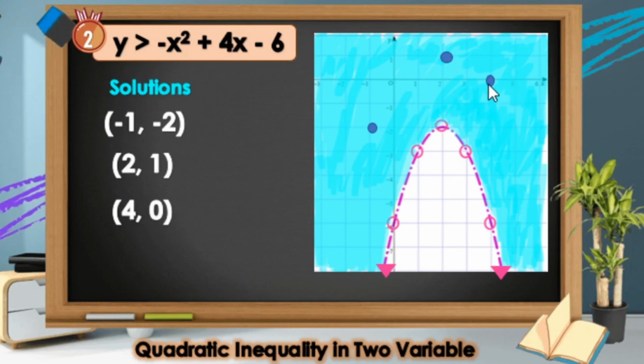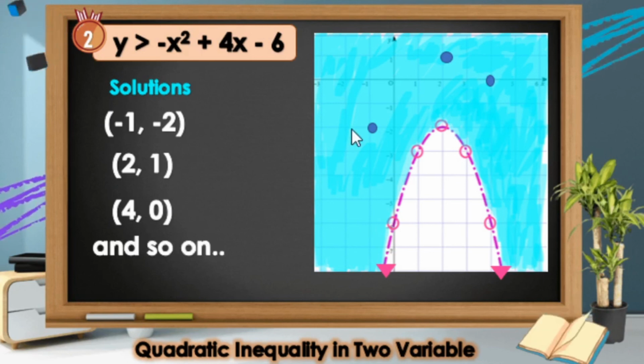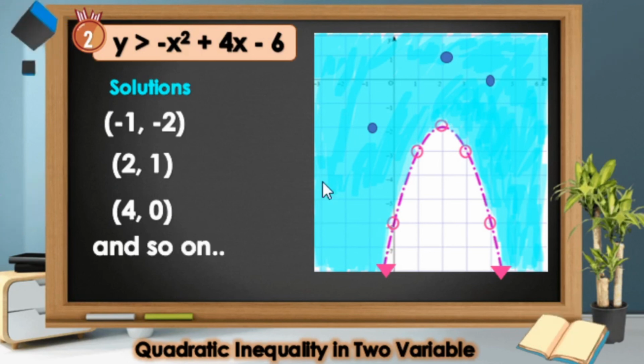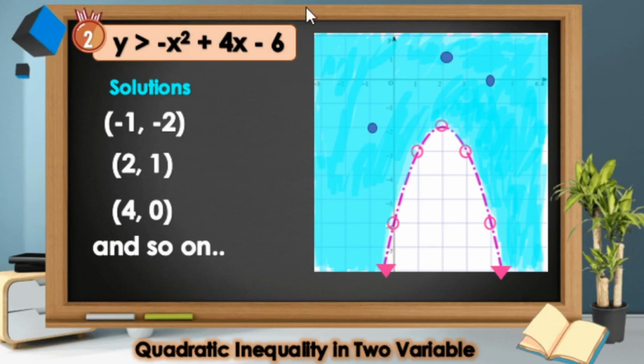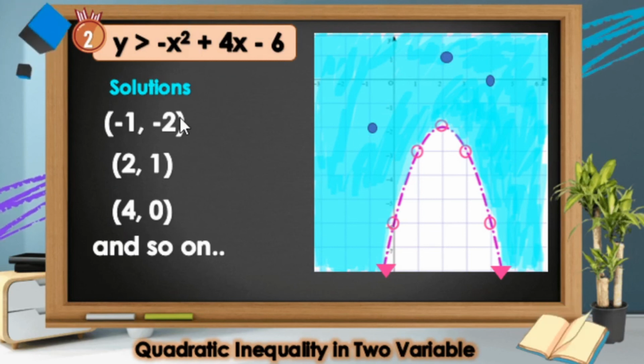At saka yung 4 and 0. So, ito yung 4 and 0. Magsasatisfy din yan. And so on. So lahat ng points na nandito sa region na to, sa shaded region, ay magto-true or magsasatisfy sa ating given quadratic inequality in two variables. Sila yung mga solutions.